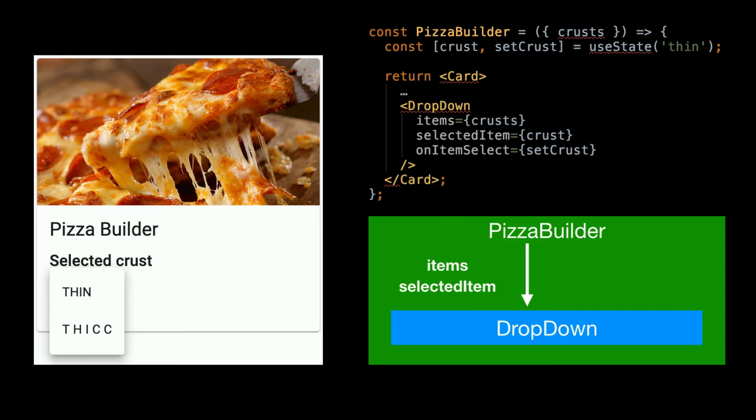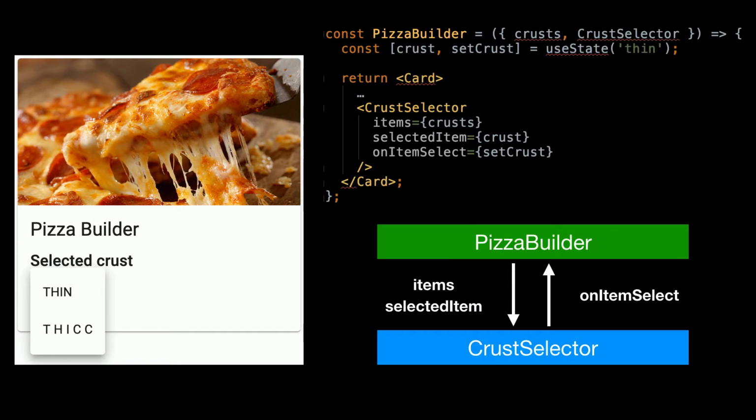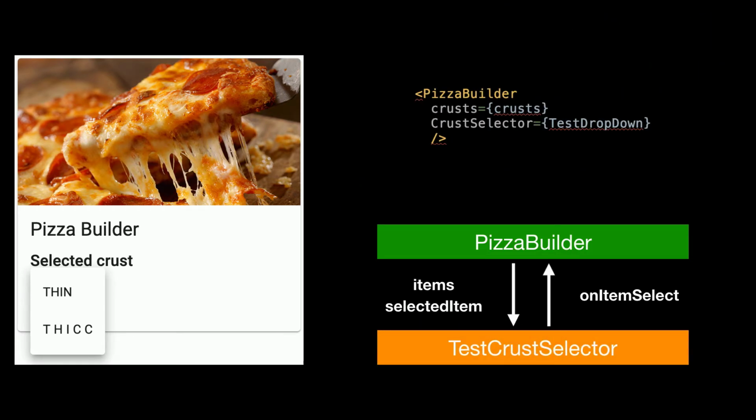And dropdown will call the callback in the other way on item select. So what we want to get to is pizza builder having the dependency only through these props. So then again, we can swap out the crust selector for a test crust selector and assert the props and how many times this has been called.